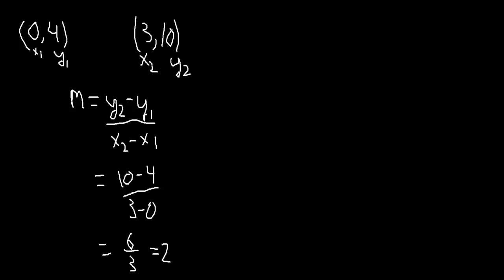So now let's look at another example with 2 points. Let's say we have 5 and 3, and here we have negative 5 and 7.